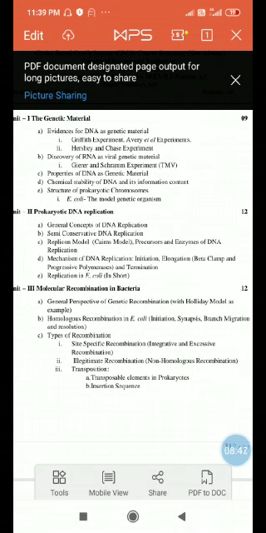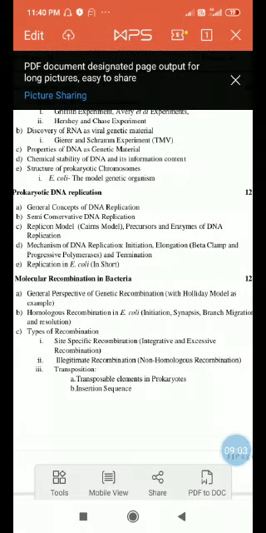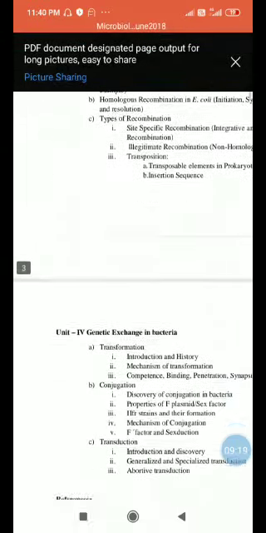Next point, types of recombination. First, site-specific recombination, that is, integrative and excisive recombination. Second, illegitimate recombination, that is, non-homologous recombination. And third, transposition. Under that, first, transposable elements in prokaryotes, and B, insertion sequences.